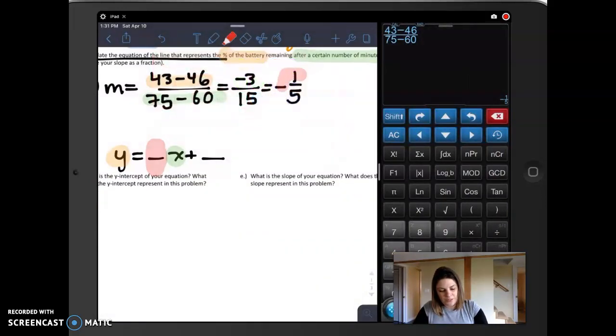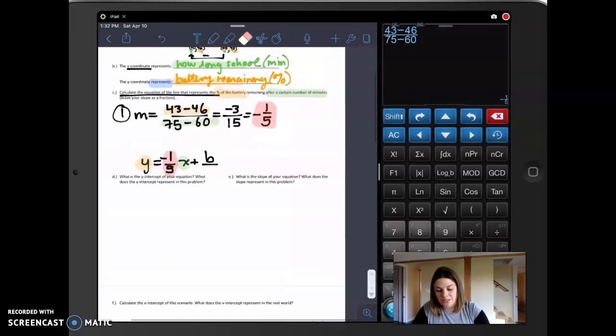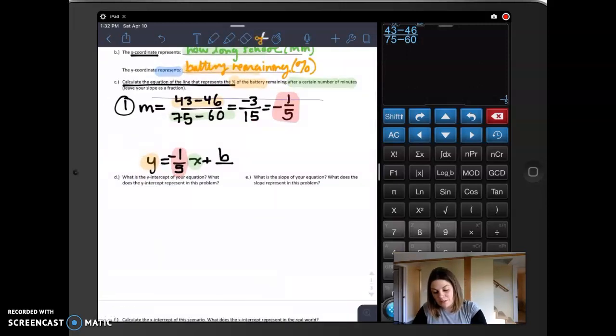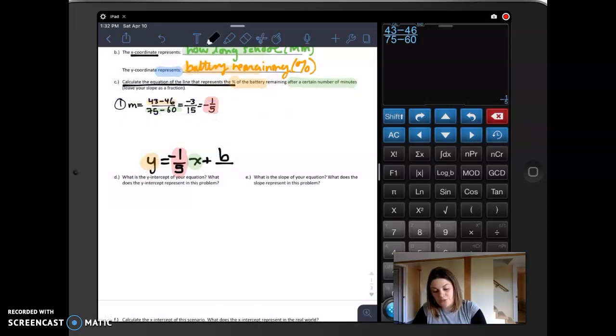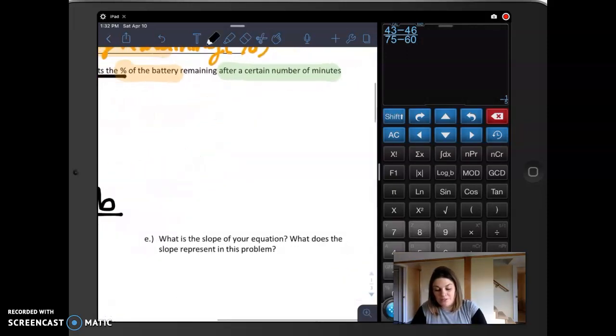We found our slope, which in this case has a meaning, and we'll get more into that in just a moment. What's missing? Do you guys remember? It's the b value. The b value is missing. So I'm going to make this smaller, and we're going to go on a little journey and solve for the b value.